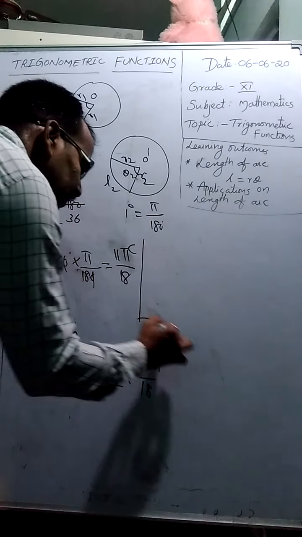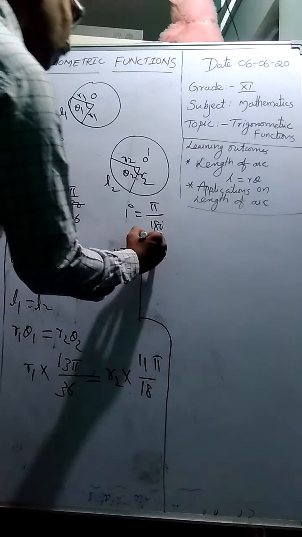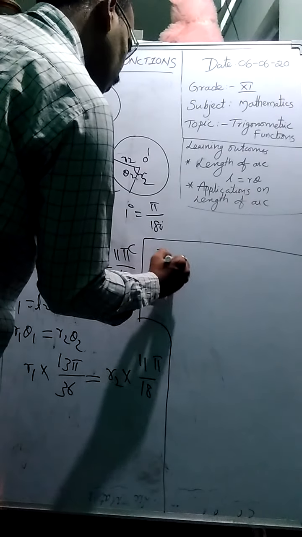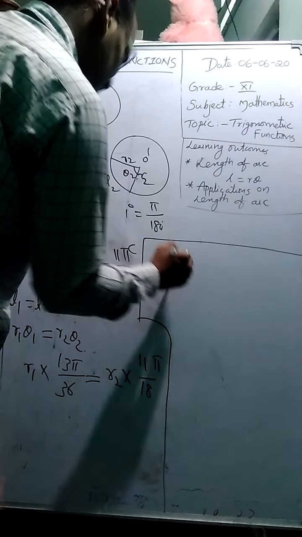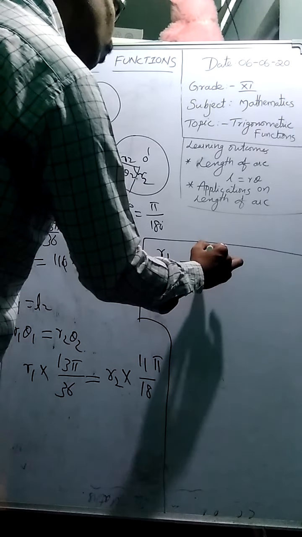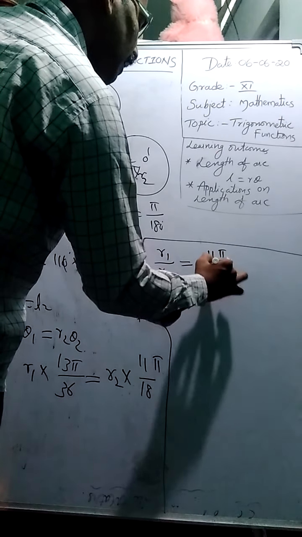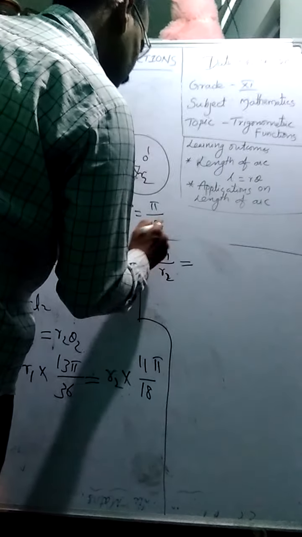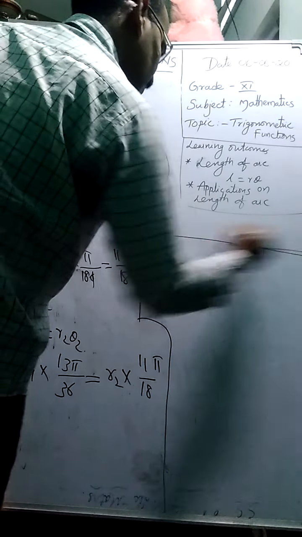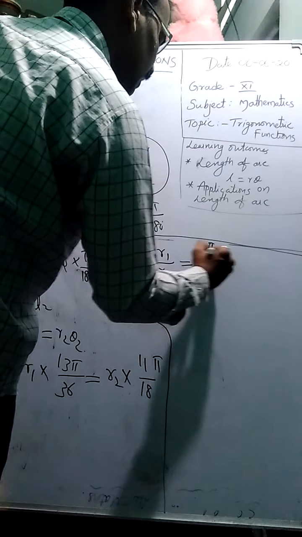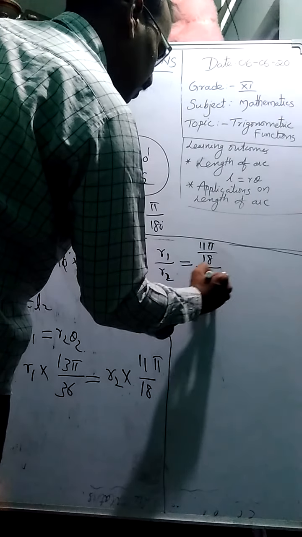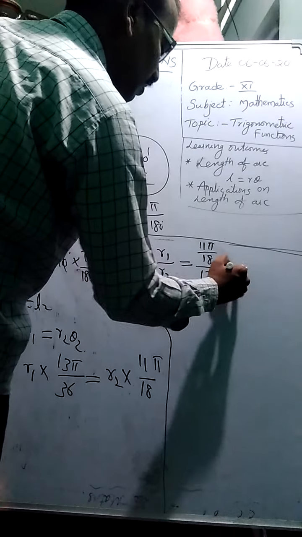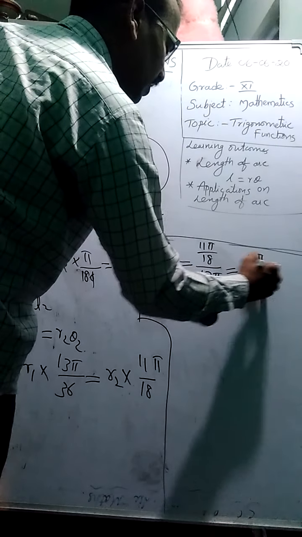So let us complete this. Here we require the ratio of R1 to R2. So send R1 and R2 to this side, theta to that side. So we have 11 pi by 18 whole by 13 pi by 36. Now take the reciprocal, students.